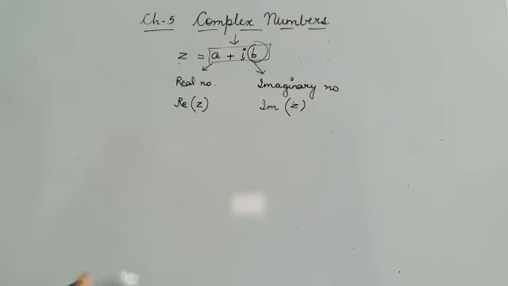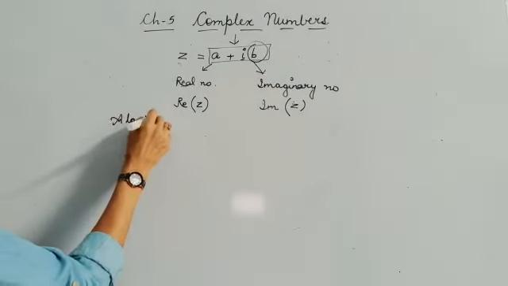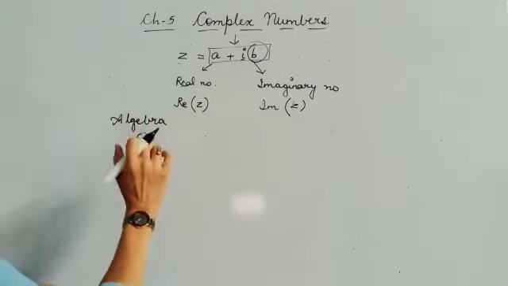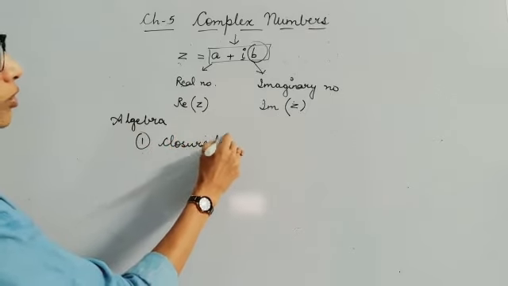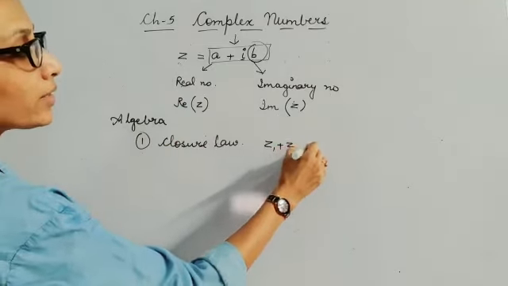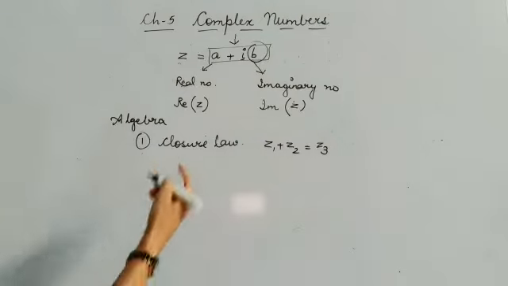Now when we talk about algebra of complex numbers, we can say that complex numbers satisfy the closure law. And what is the closure law? If two complex numbers are added, then you will get a result that is again a complex number.